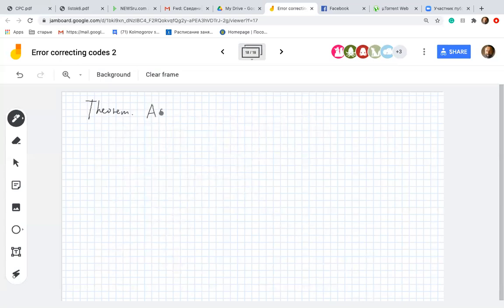Assume that q to the k times the volume of the ball of radius d minus 1 is at most epsilon times q to the n.